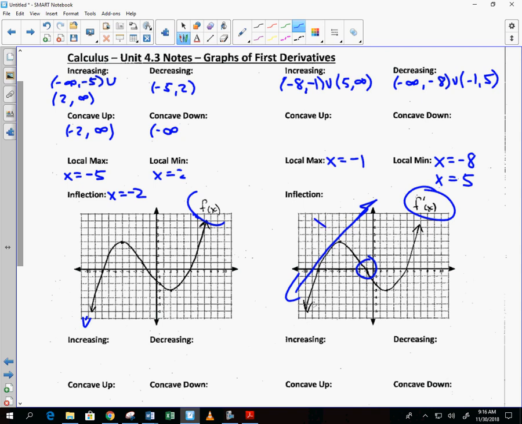So I draw a tangent line here. Is the second derivative positive or negative? Negative. So we said that concavity is where the second derivative is positive. Can you tell me where the second derivative is going to be positive? From where to where? Negative infinity to negative 5, and then from 2 to infinity. Good.